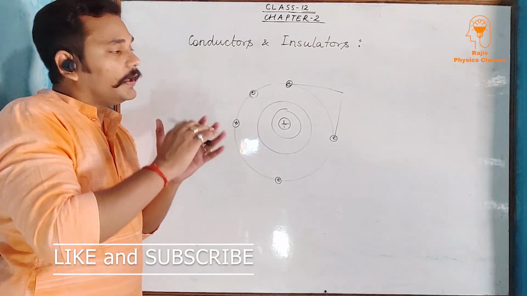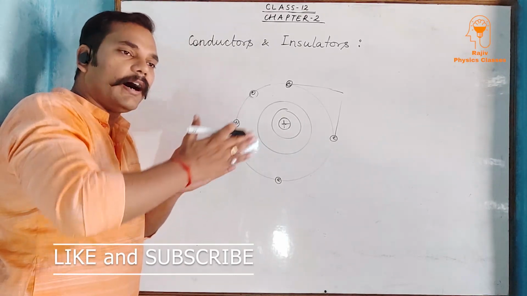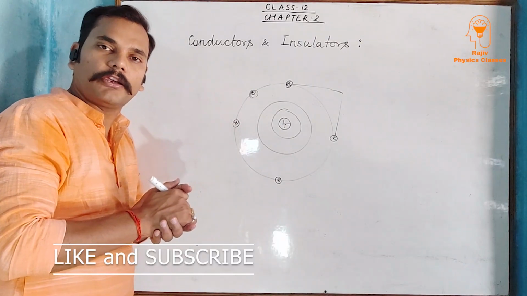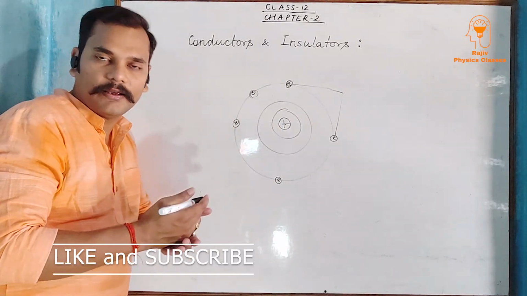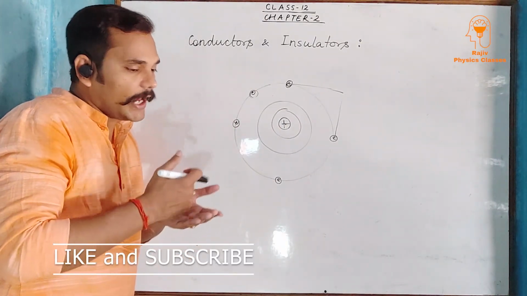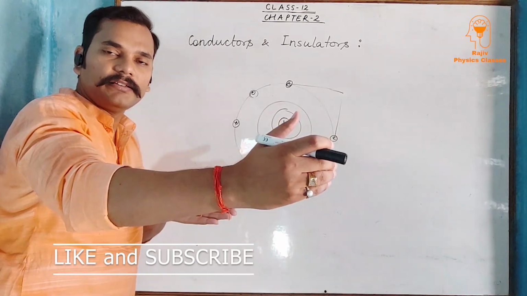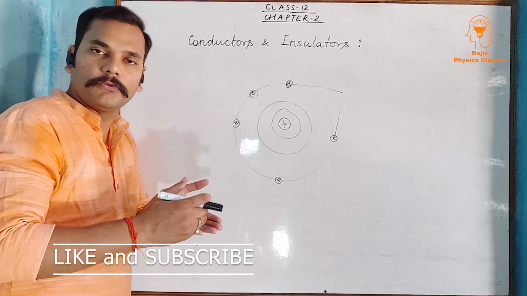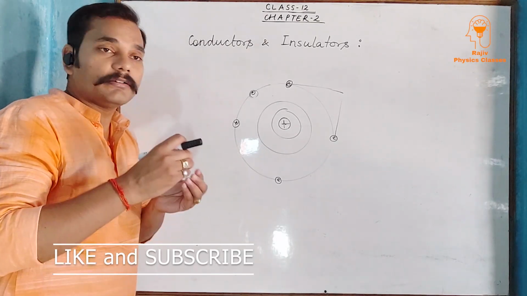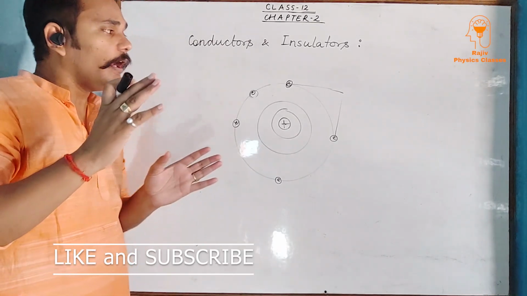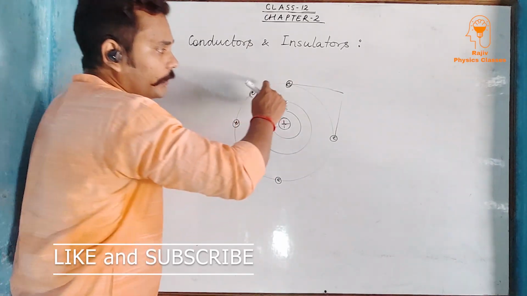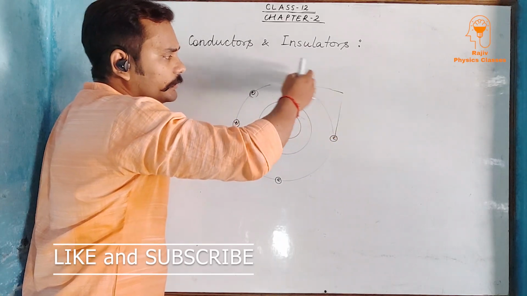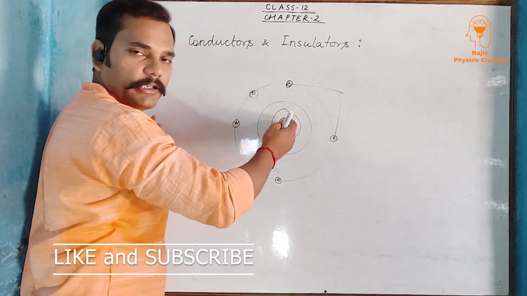In this case, since the electrons are quite far from the nucleus, as in the formula we have studied, F equals K Q1 Q2 upon R square. What it signifies is that as we move away from the nucleus, the force between the electron and the nucleus, that means the protons, will reduce. And the outermost electrons which are revolving in an orbit are loosely bounded with the nucleus.